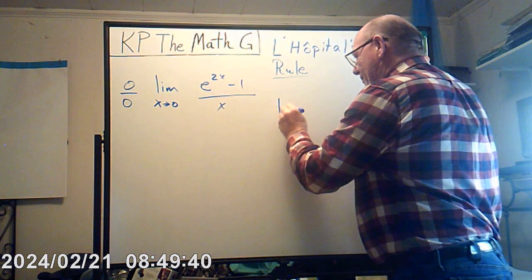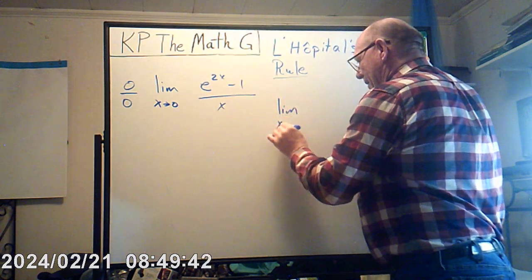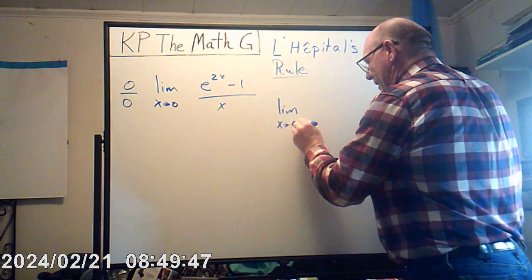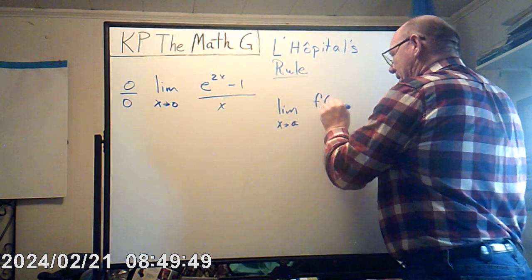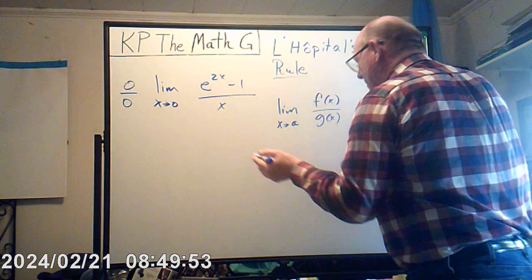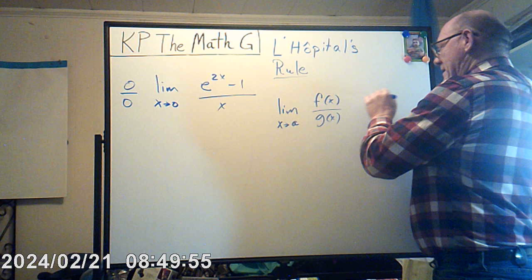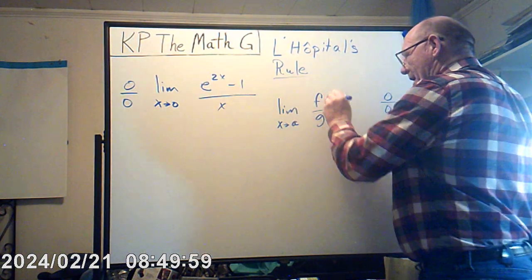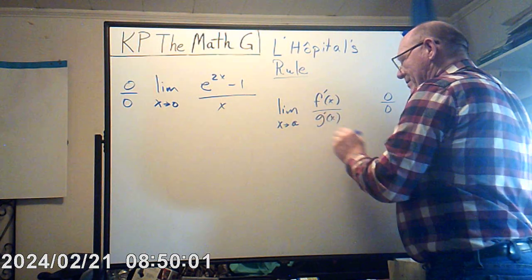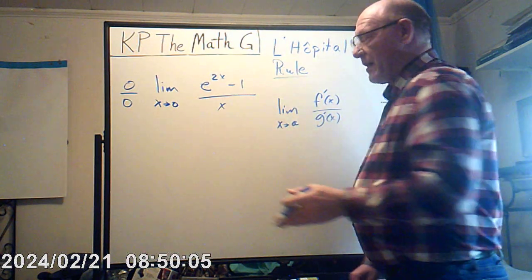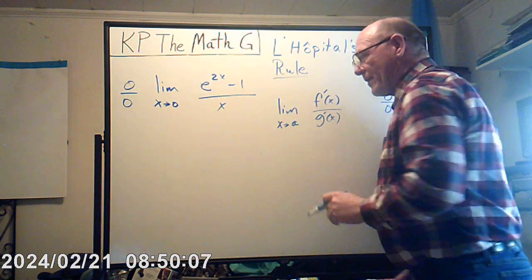So if I have, for example, a limit as x approaches, well, we can say 0 or a, of f at x over g at x, and we find that f at x over g at x is 0 over 0. I know I'm talking fast. Then we can simply take the derivative and keep taking the derivative if necessary until we come up with a limit.